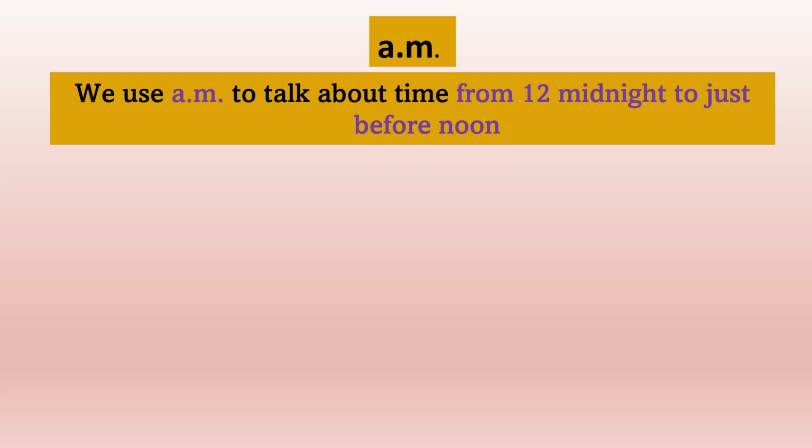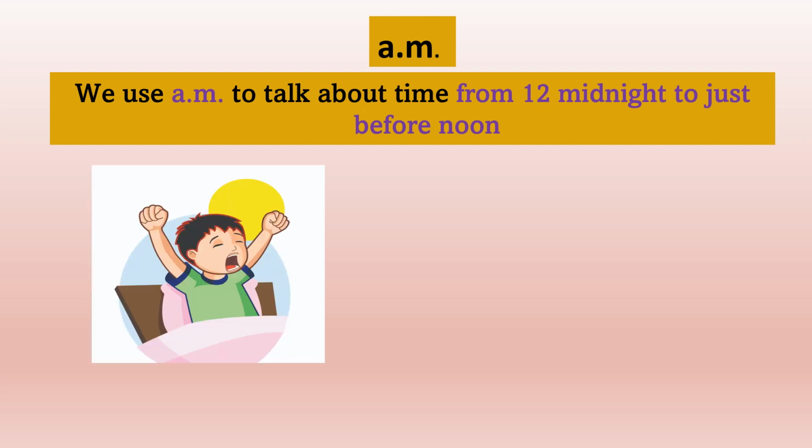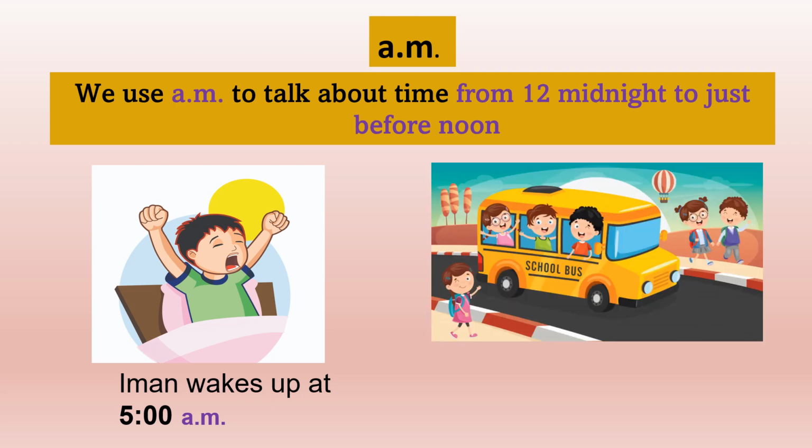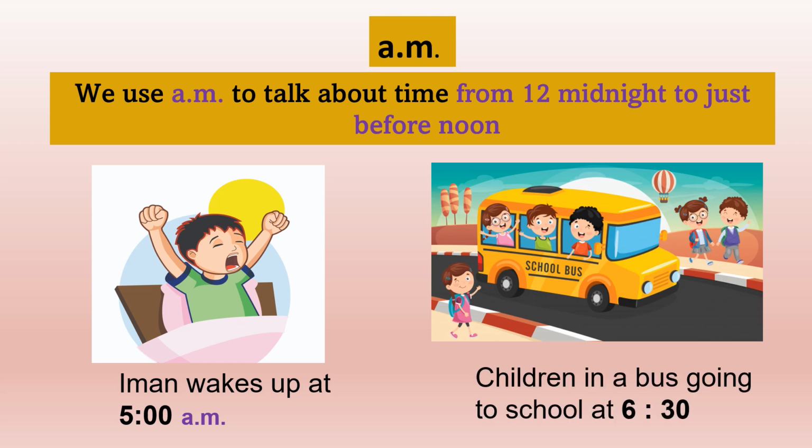So this is when you talk about AM. For example, when you wake up in the morning, example 1, Iman wakes up at 5 a.m. Another example, in the morning, the children go to school by bus at 6:30 a.m.